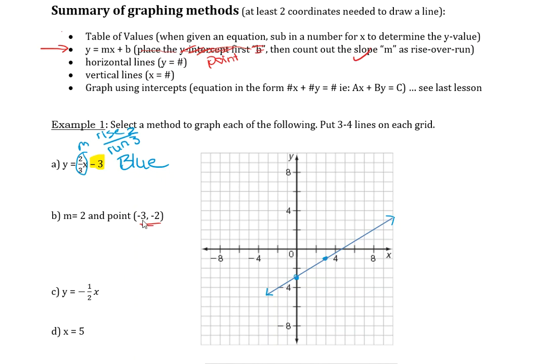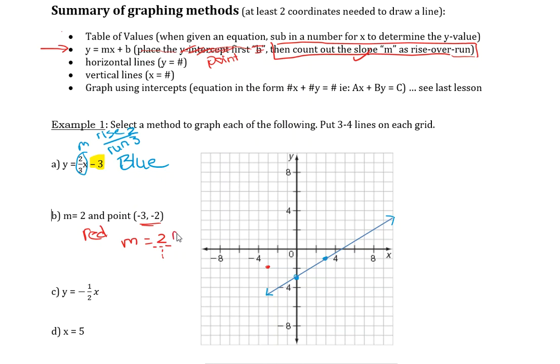So I'm going to place -3, -2. -3, -2 is going on in red. So this one I'm graphing in red. -3, -2, and then from there, this step is exactly the same. From my point, I'm going to count out the slope. My slope is 2, and that's really 2 over an invisible 1.